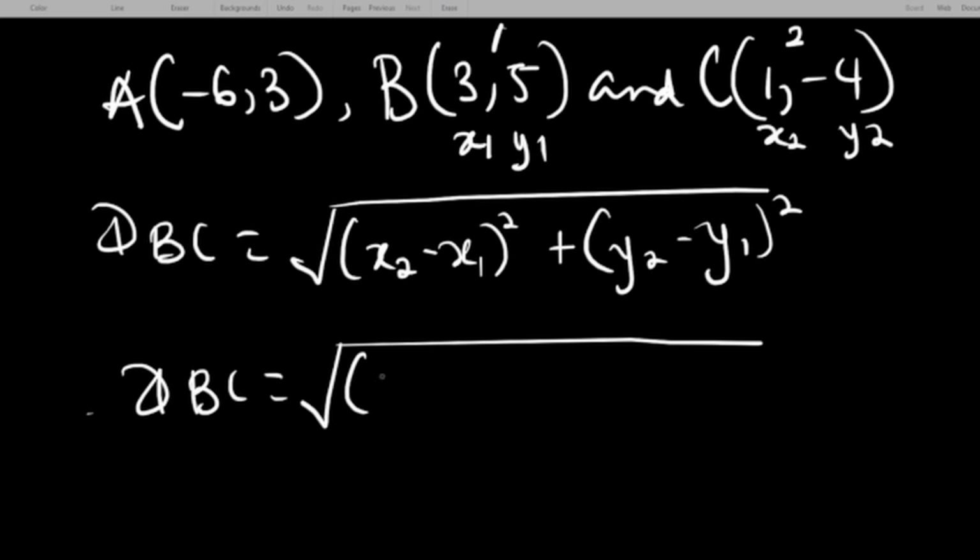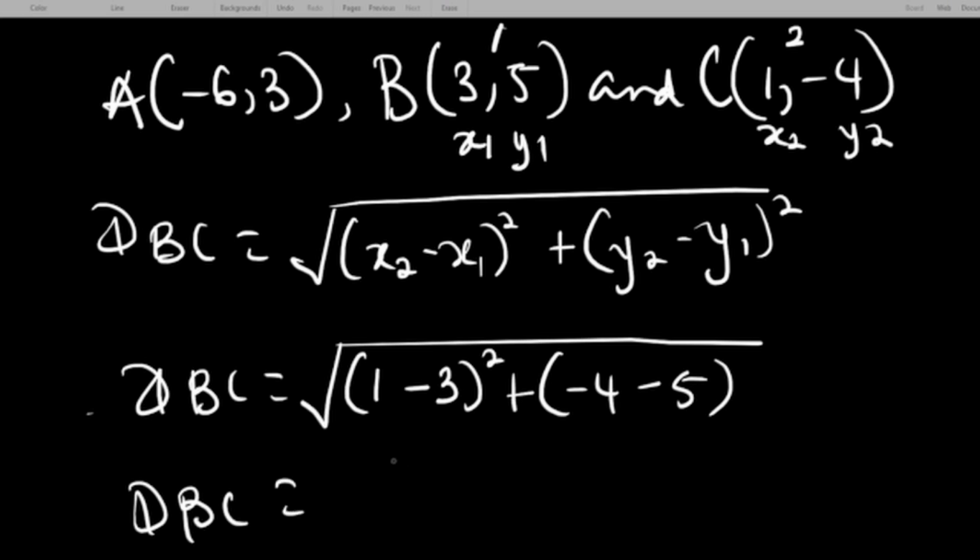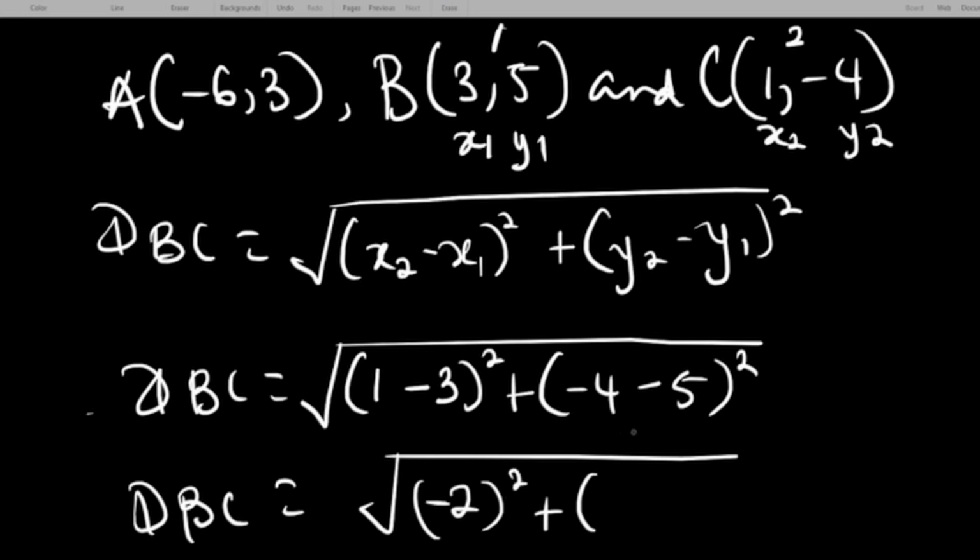Our x2 here is 1, then minus our x1, in this case 3. So this is 1 minus 3 all squared, then plus our y2, which is negative 4, minus our y1, which is 5. Then distance BC equals 1 minus 3 is negative 2, so you have negative 2 all squared plus negative 4 minus 5 is negative 9 all squared.